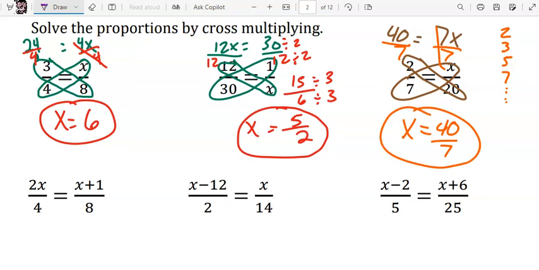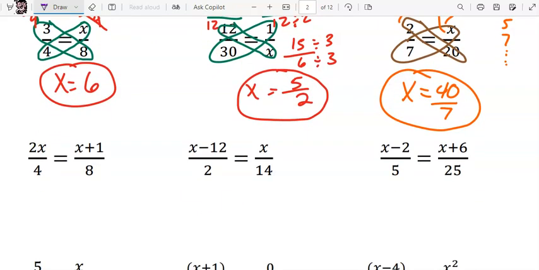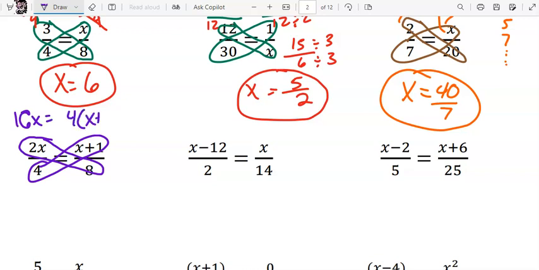The next one, we have 2x over 4 equals x plus 1 over 8. We'll still cross multiply. 16x equals 4 times x plus 1. So we have 16x equals 4x plus 4.